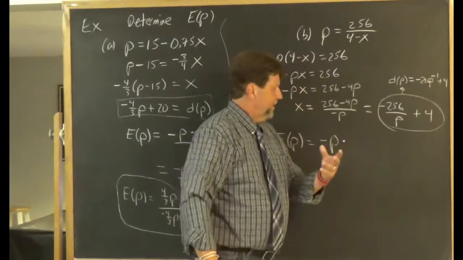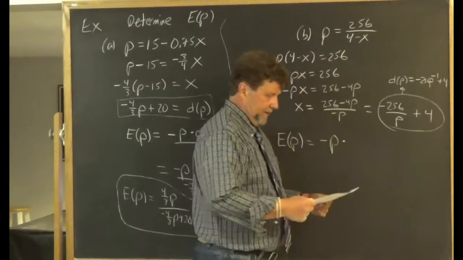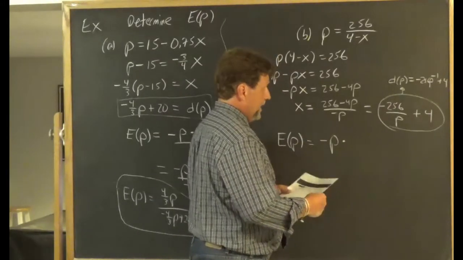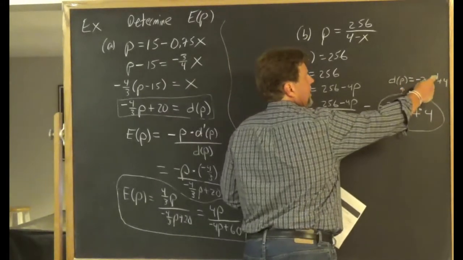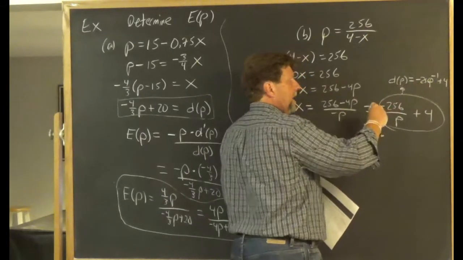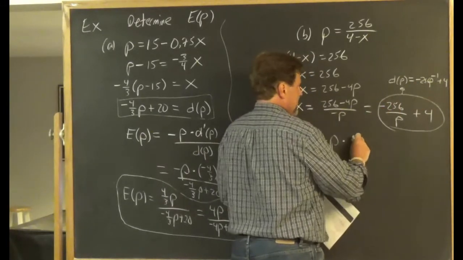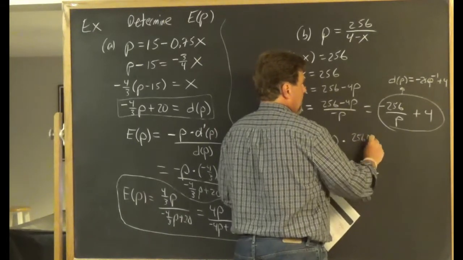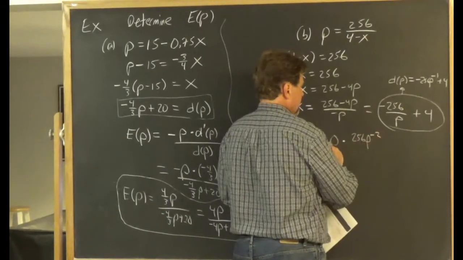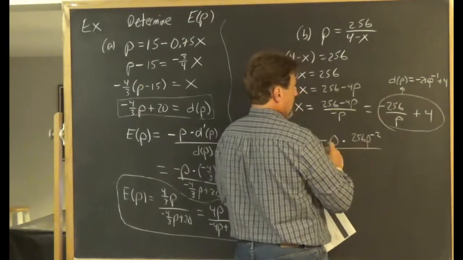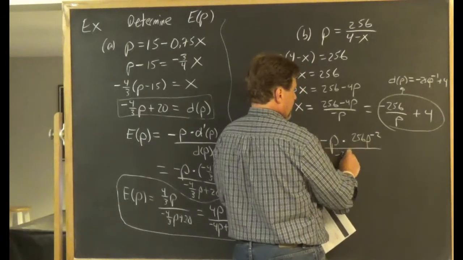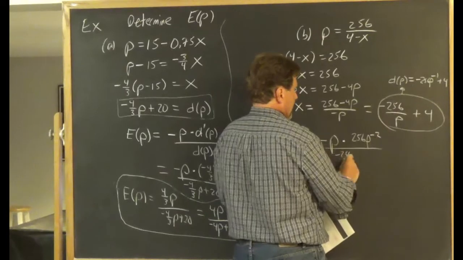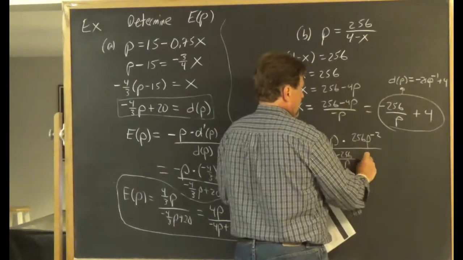And getting the derivative, boy, it's a lot easier now, because the derivative is, okay, I bring the -1 out front, that would be 256 P to the -2nd. And then that's all over my D of P, -256 P plus 4.